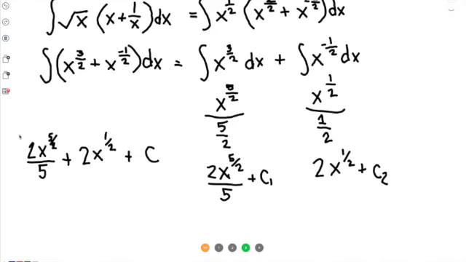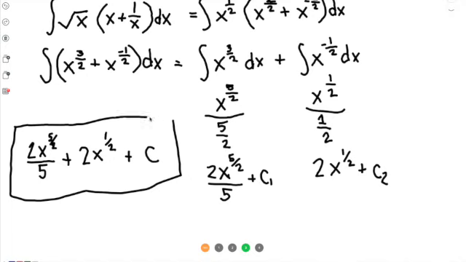Okay, any questions so far with this example? So let me finish all the dalawang example na lang din to before we take a break. So do you have any questions?